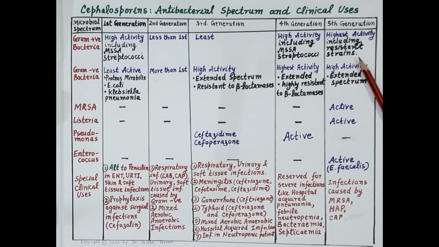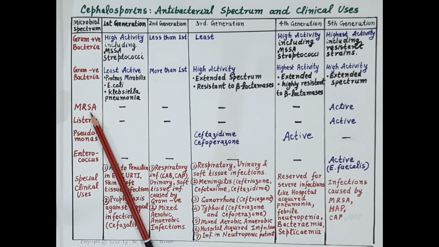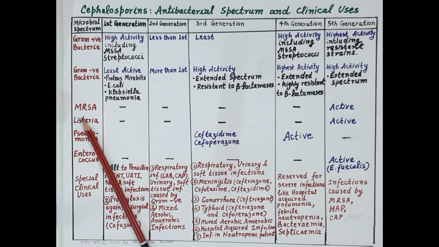Now fifth generation cephalosporin, that is parenteral ceftaroline, has the highest activity among all cephalosporins and beta-lactam antibiotics against resistant strains of gram-positive bacteria. It's highly effective against methicillin-resistant Staphylococcus aureus. None of the other beta-lactam antibiotics is active against this bacteria.